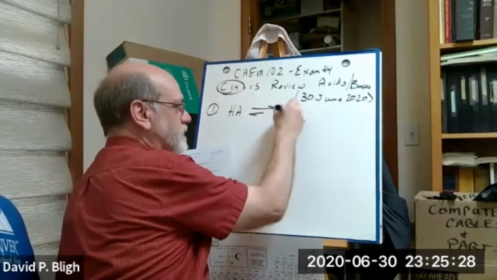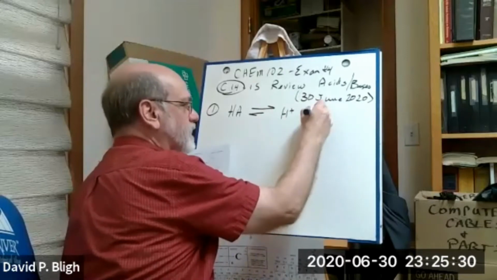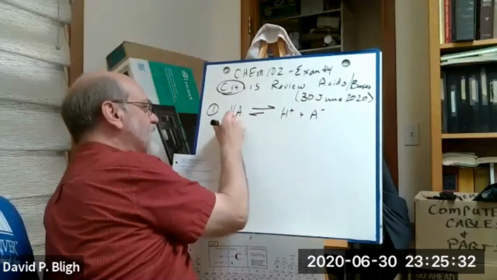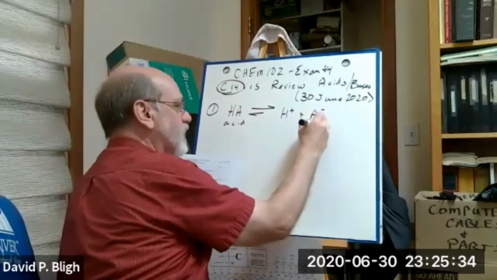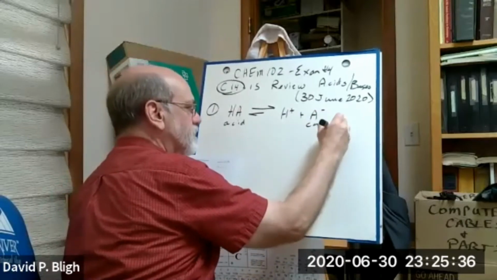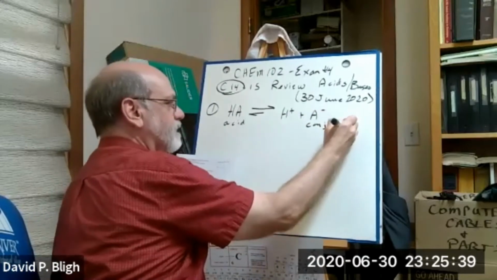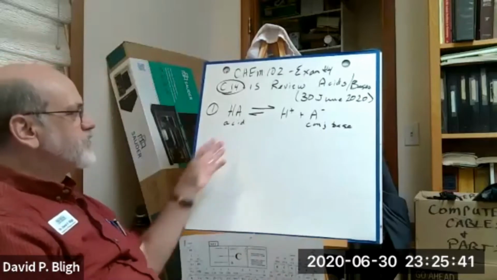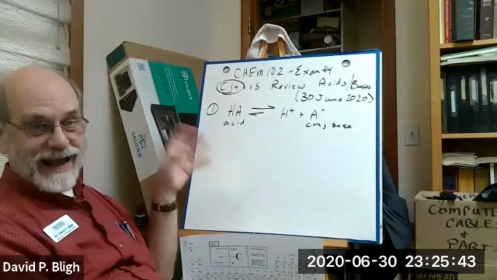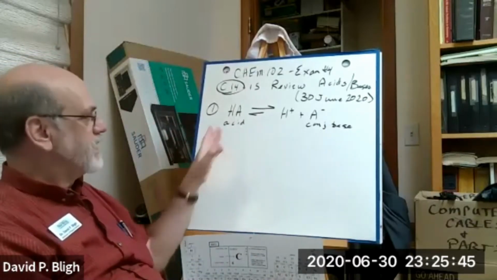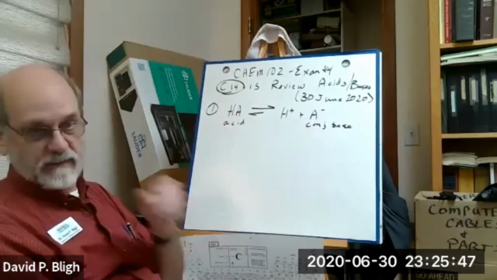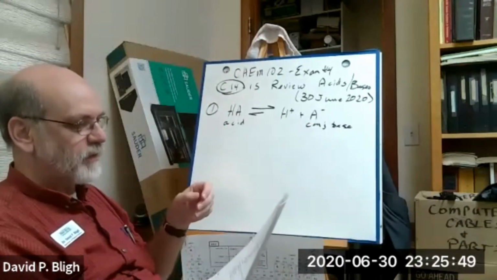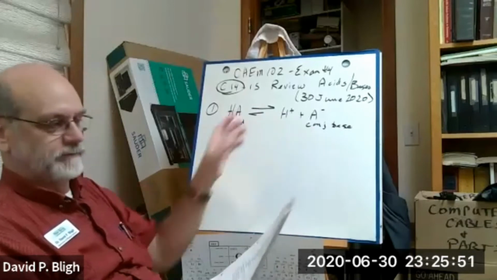So you get the proton and there. So you have the acid and then the conjugate base. Right? What do we know about those two in relation? The conjugate acid-base pair is this one and that one. Right? So you'll see it in this problem. It's that one slash that one.